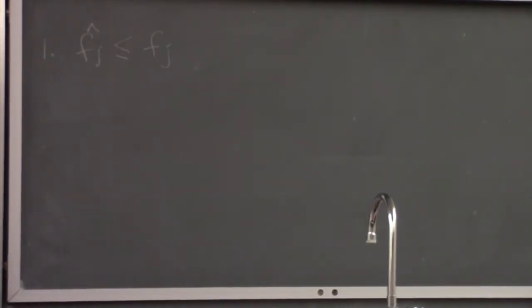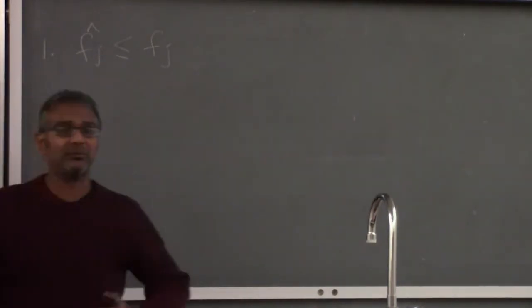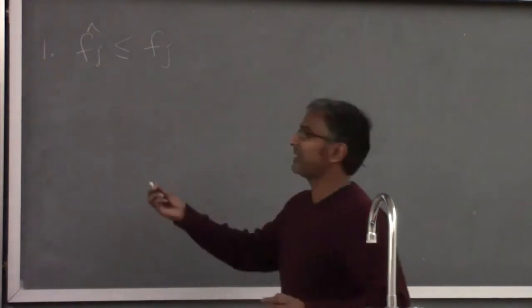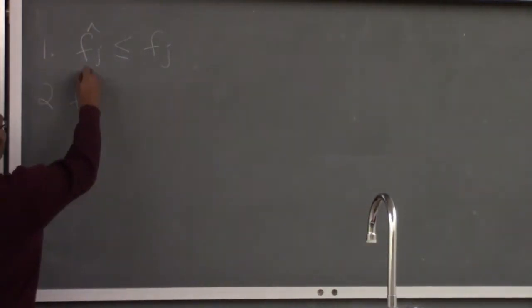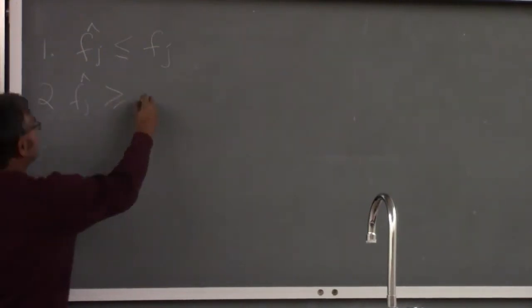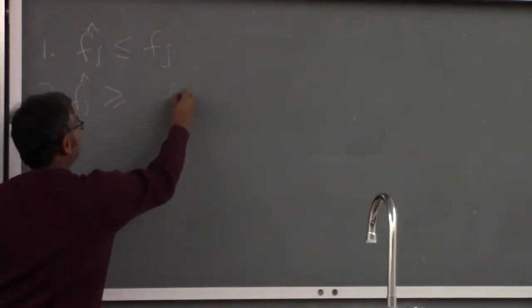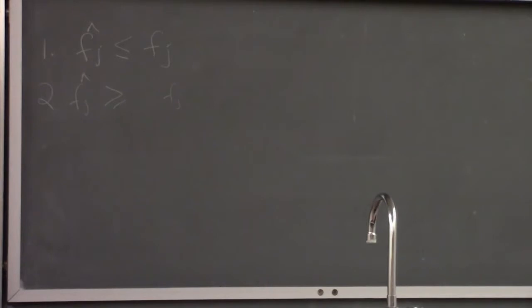Okay, so that part is fine. But the interesting question, of course, is the rest of it. How low can it go, right? And that's what we want to say. We want to say that fj hat is greater than or equal to something involving fj. We don't know what that something is.